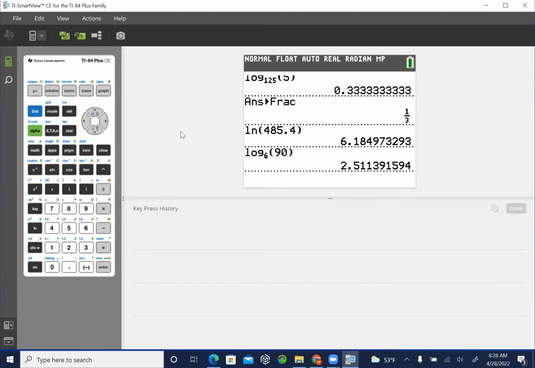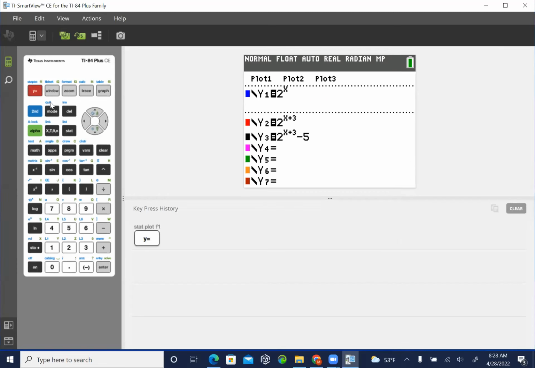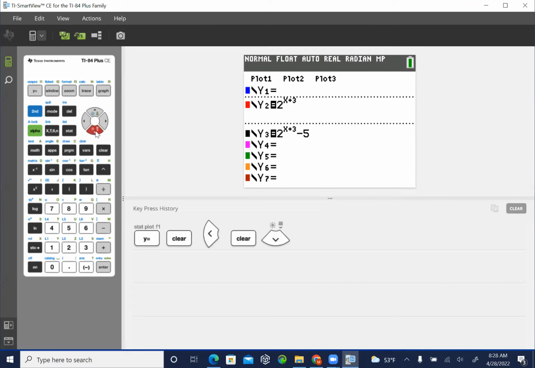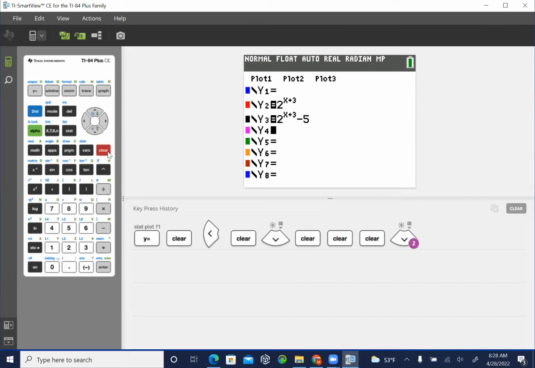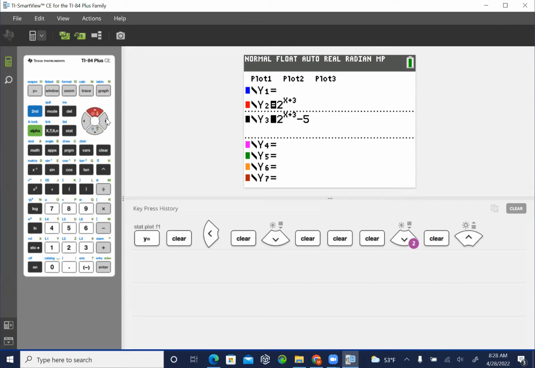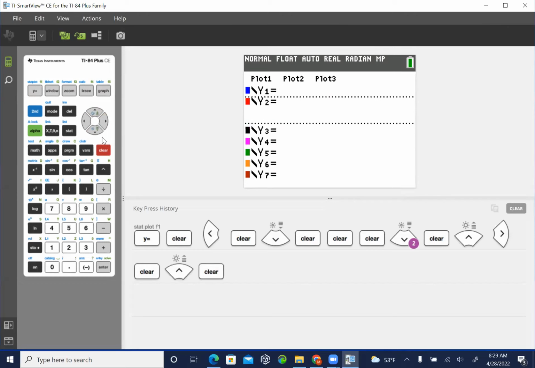Okay, so when I go to my graphing calculator to work this problem, I am just messing this up today.